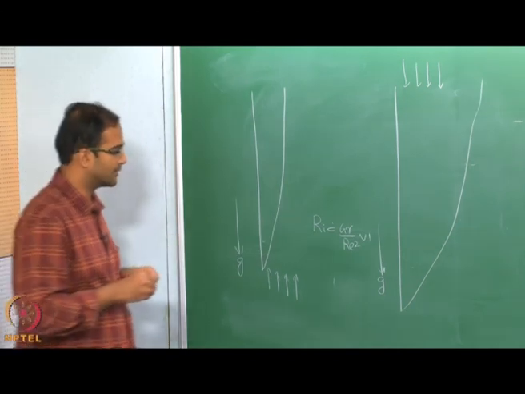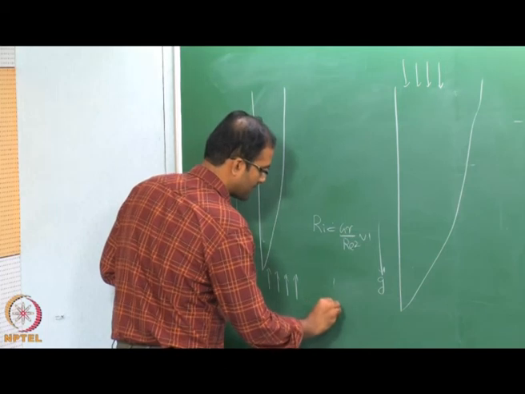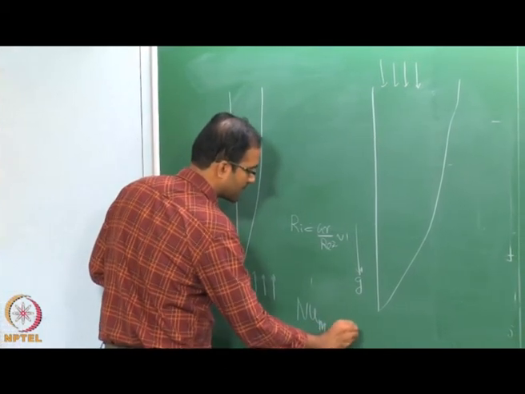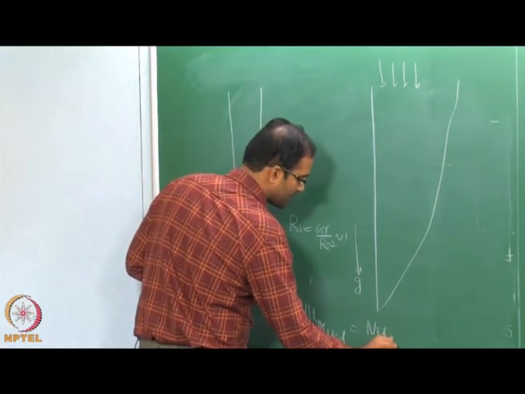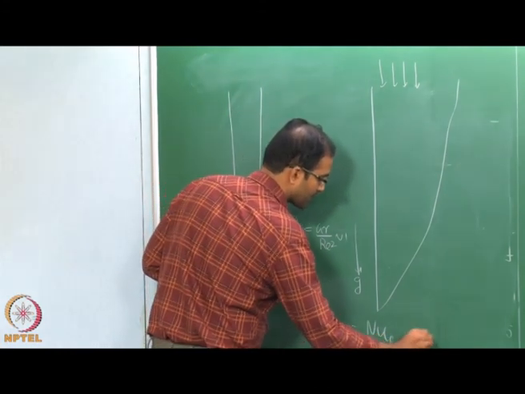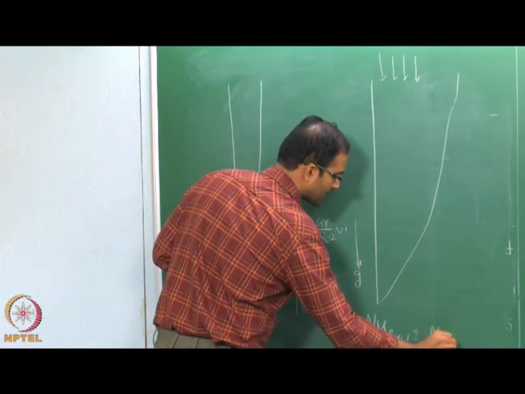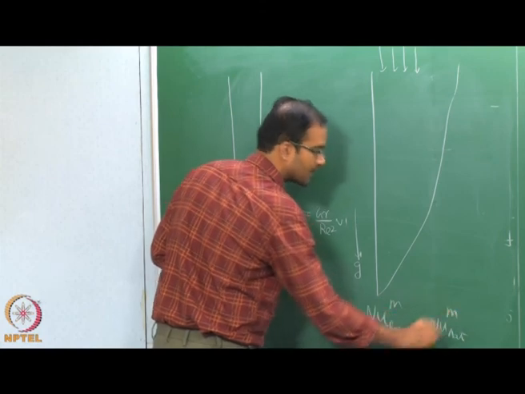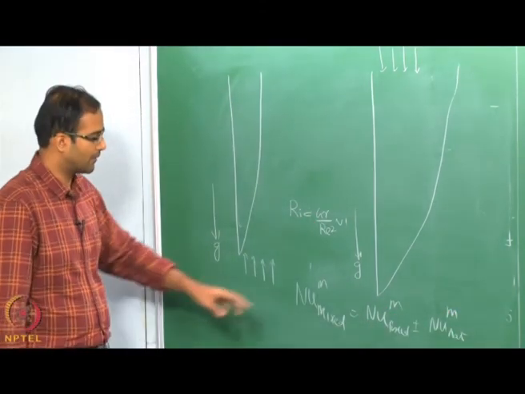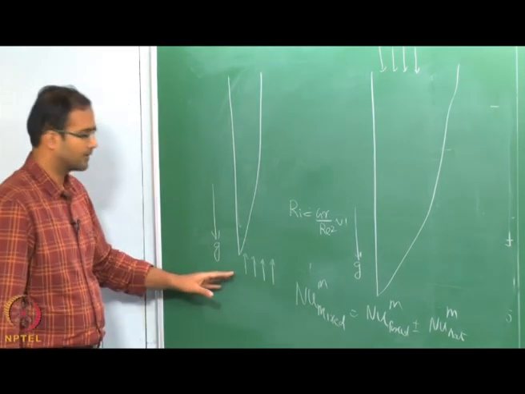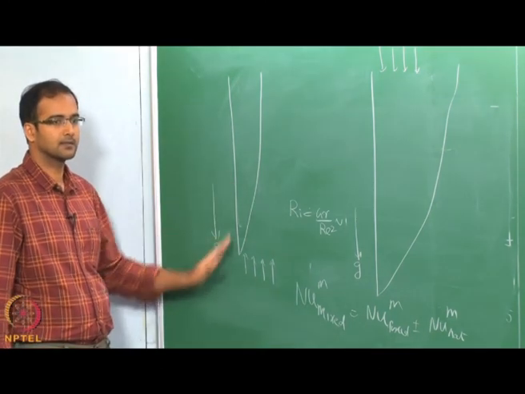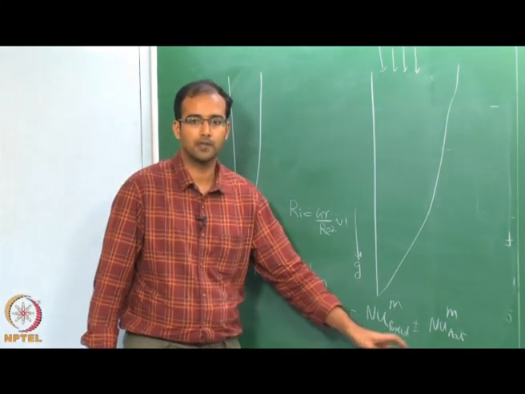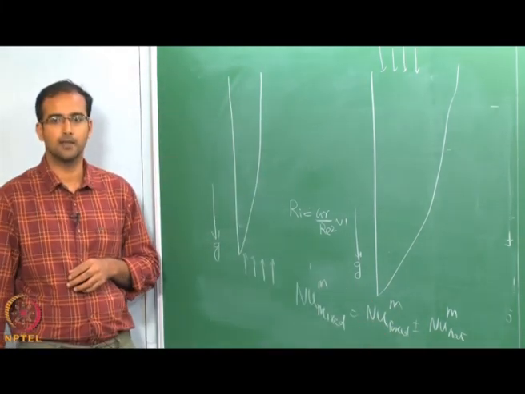But as I told you, the simpler way of doing this is to just blend the Nusselt number from forced and natural convection by using a simple power law expression like this. Wherever you have a forced convection which is assisted by buoyancy, you use a plus sign, and wherever you have a forced convection opposing the buoyancy, you use a minus sign.